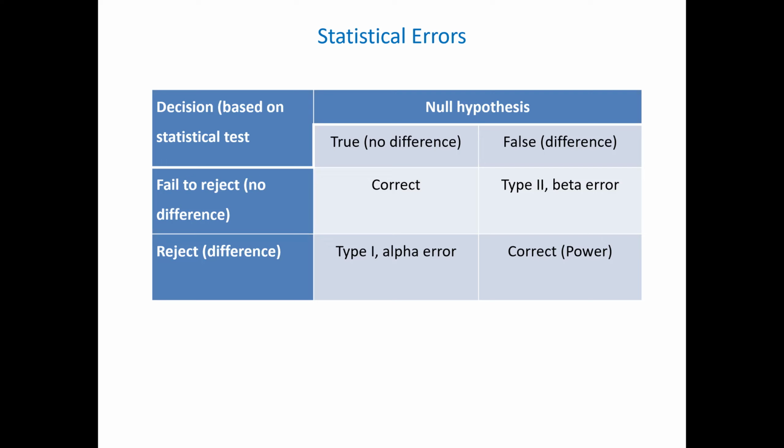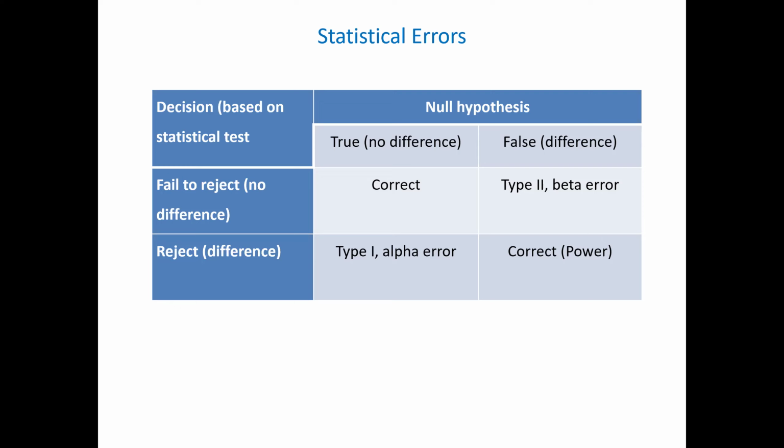Your study didn't see anything, you fail to reject. Not rejecting the null hypothesis when it is false. The null hypothesis says there's no difference, but in reality there is a difference, and you say there's no difference. In that situation, you have committed type 2 error. Not rejecting.